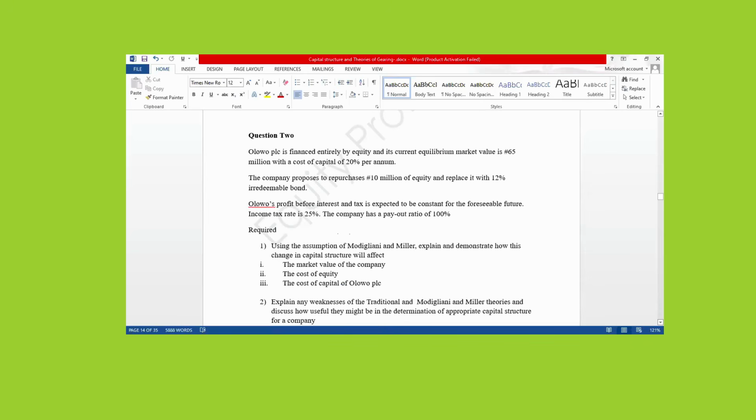I'll repeat that. Modigliani and Miller was of the opinion that where there is taxation, a company's level of gearing, that is your capital structure, will affect market value of your company, will affect cost of equity of your company, will affect cost of capital of your company.